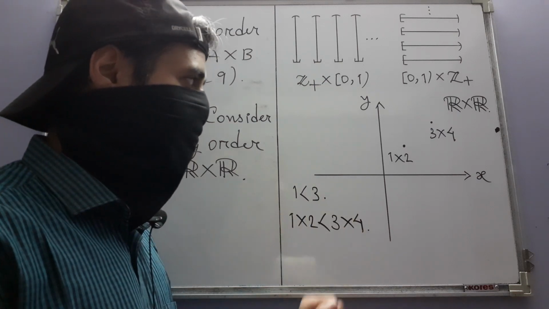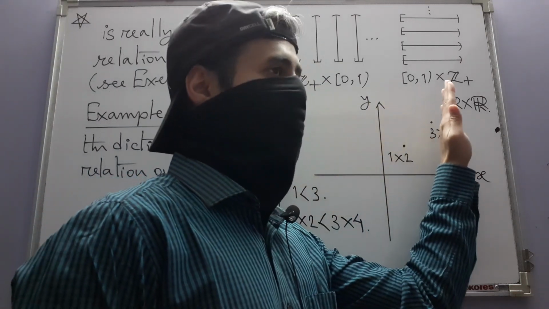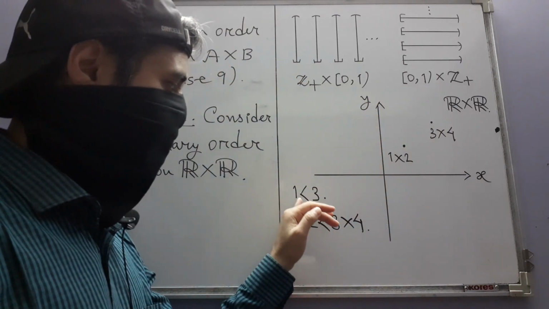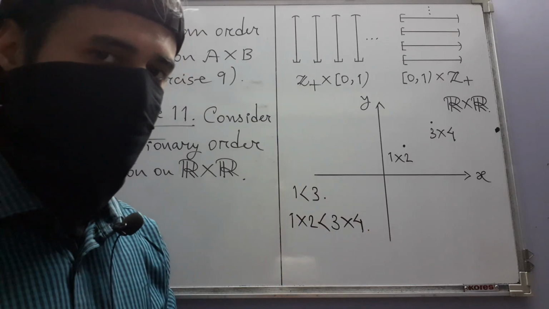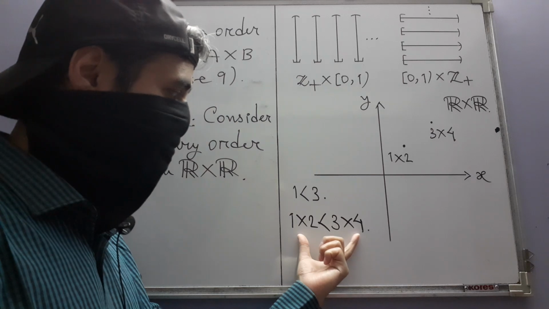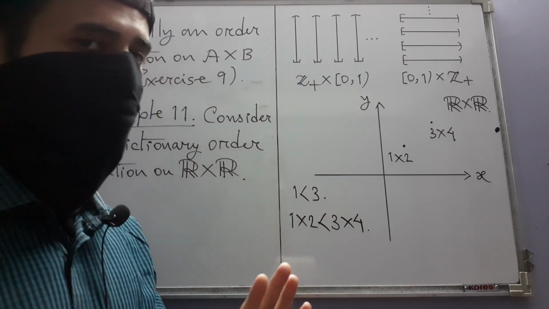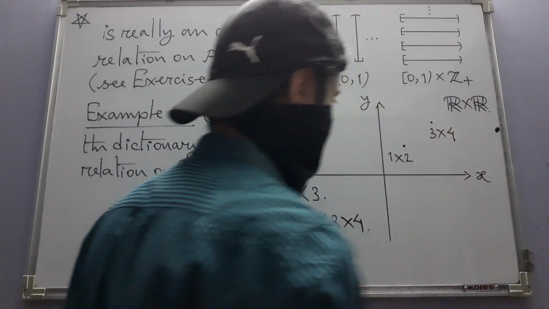Because 1 is less than 3, on the plane, this point lies to the left of this point. And by the definition of dictionary order, that is why 1 times 2 is less than 3 times 4. Again, do not misinterpret this equation. It looks like 2 is less than 12. This is not multiplication. Keep that in mind. So, this is less than this.